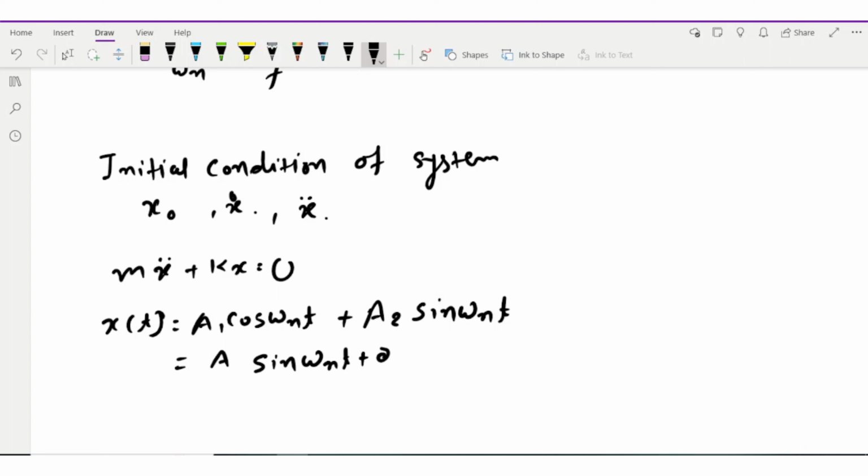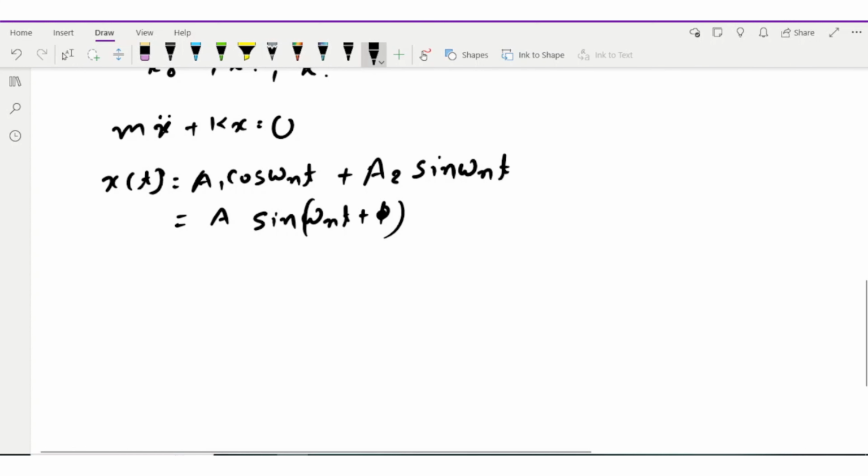The solution of this equation gives you the displacement, acceleration and velocity of the system. And here A is the amplitude of the system.